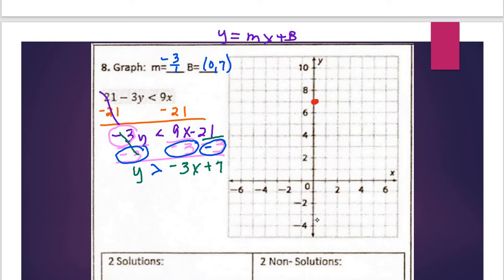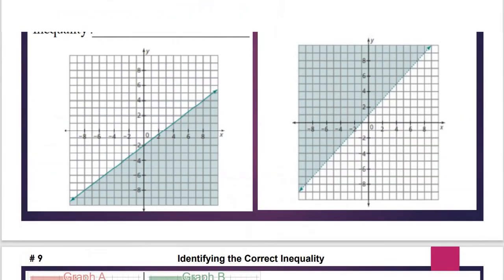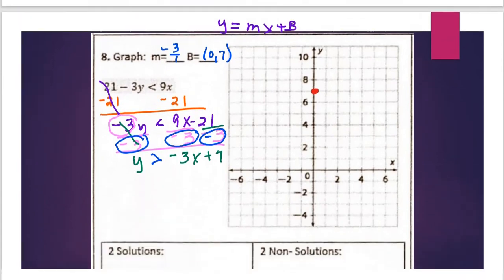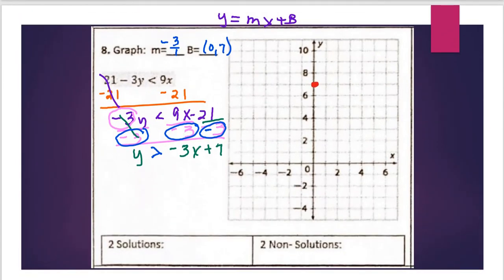So we're going to have to go off of it, and I'm going to pause this while I change this right here and add to it. So now that we have our 0, 7, we're going to go to our slope, and you see that we have a negative 3 over 1. So I'm going to go down 3, 1, 2, 3, and to the right 1.